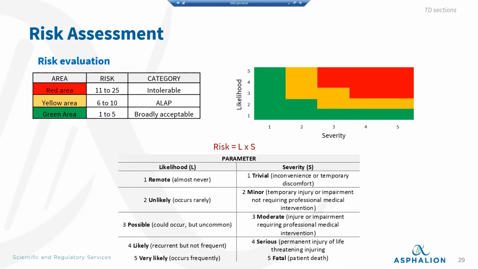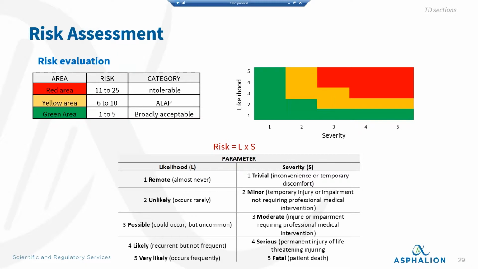Okay, so to prioritize this risk, to analyze if it's a risk that you have to take into consideration to mitigate it, you will multiply the scores, like the likelihood multiplied by severity, okay? And you will obtain a final score. This final score is going to tell you if you have to work on mitigation of this risk, or if the risk is acceptable.